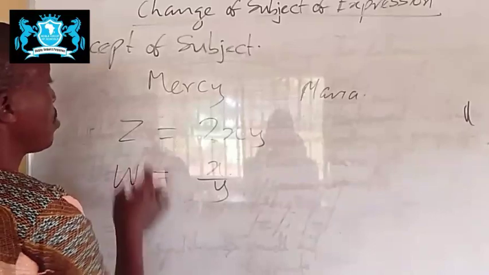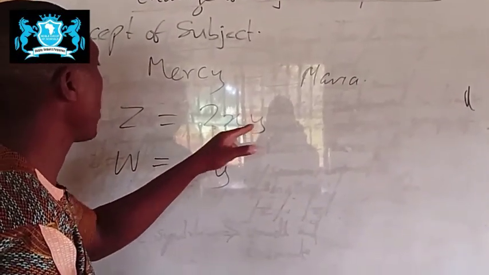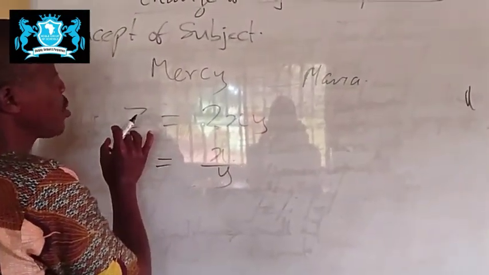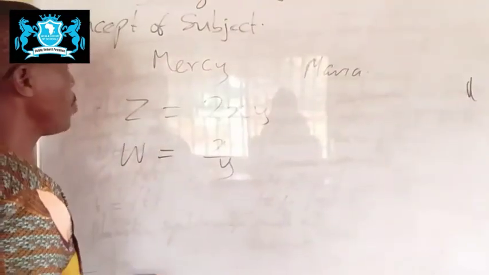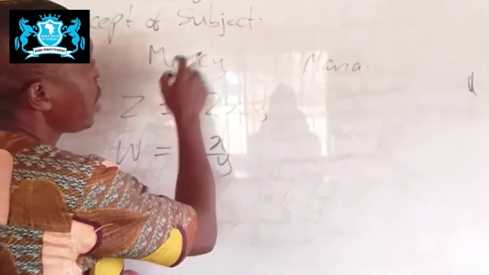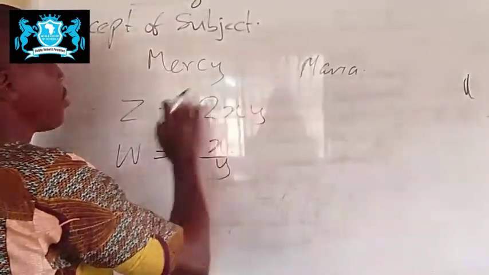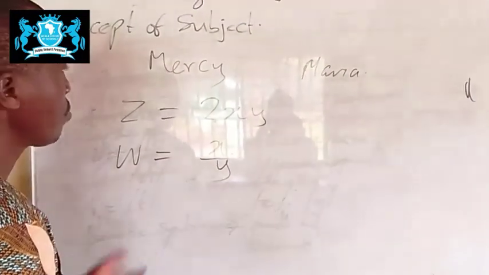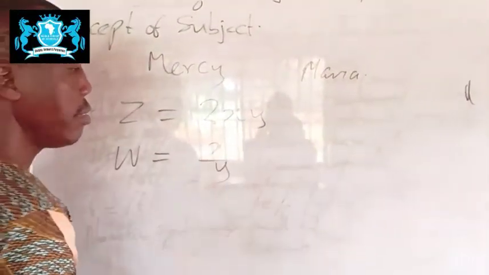For instance, as we have on the board, z equal to 2xy, either x or y can be made the subject of this expression by what we know as change of subject. From this scenario, BECE is defined in terms of Maria in the school condition, and in the gathering of women Maria is defined in terms of BECE. That's to show you that the subject is changing, but the expression remains the same.